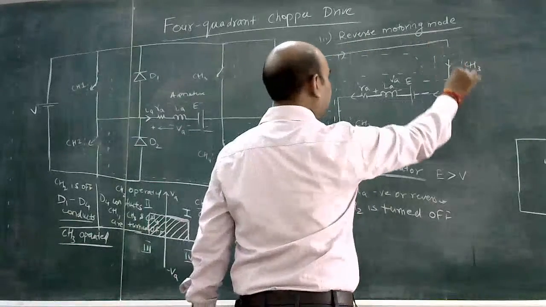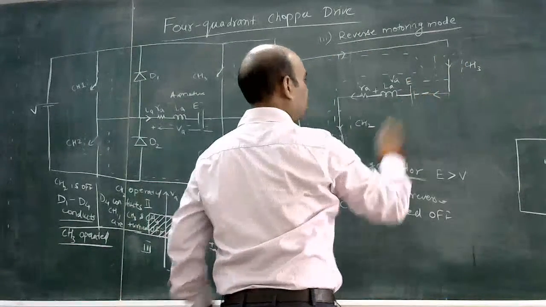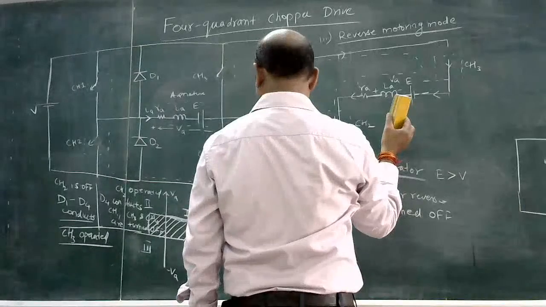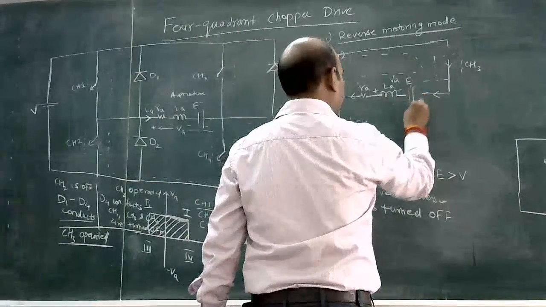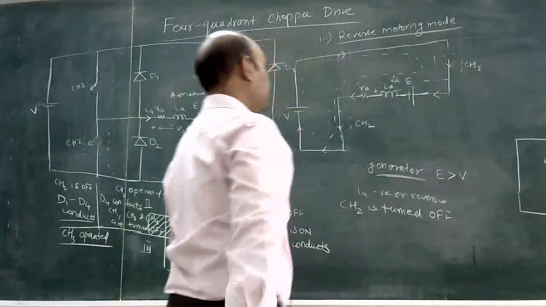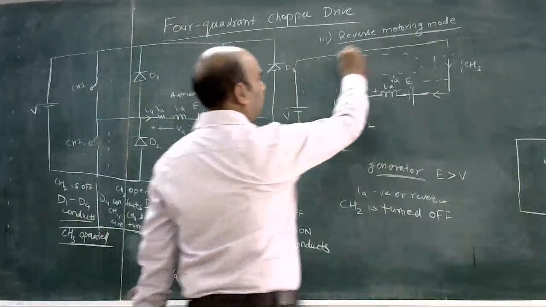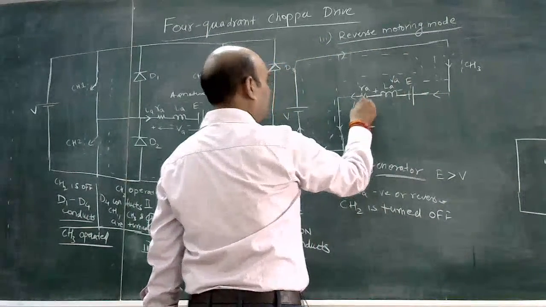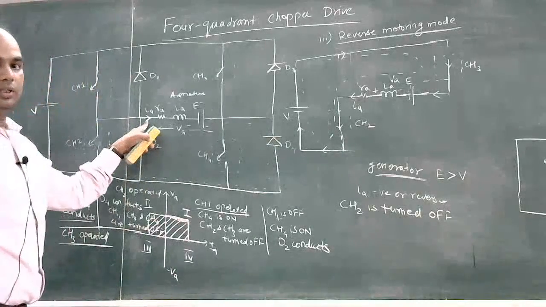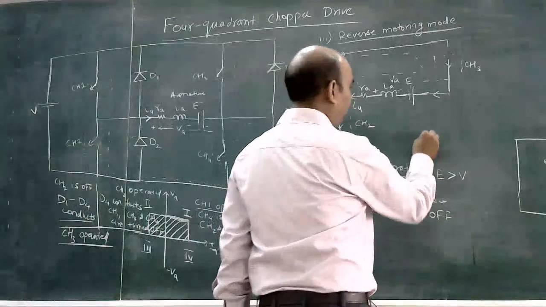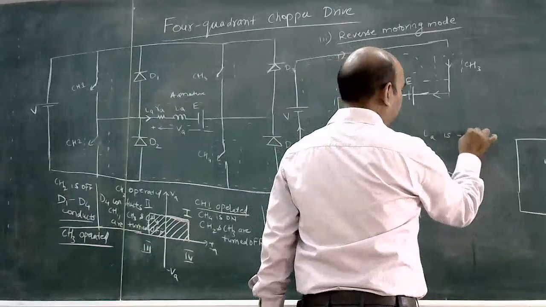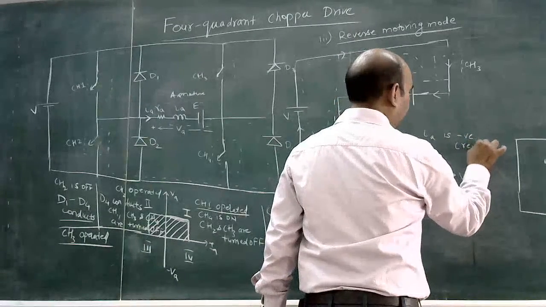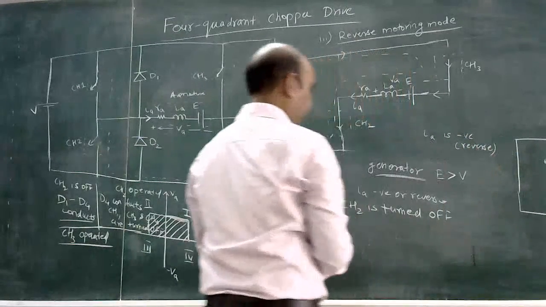Since the current direction is changed, the polarity of E is also changing. So here, polarity of E will be like this. And here, current is again flowing in the opposite direction to what we have seen before. So IA is negative, flowing in reverse direction.